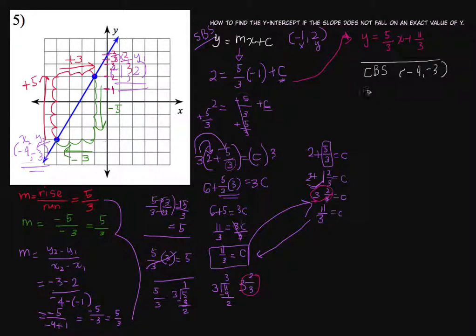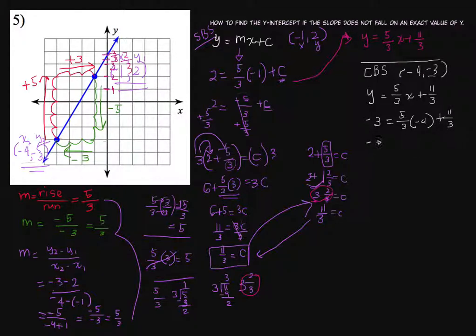Don't be lazy, okay? Y is equal to 5 over 3x plus 11 over 3. Do we know what y is? Yes, y is -3. Equals 5 over 3. Do we know what x is? Yes, -4. Plus 11 over 3.